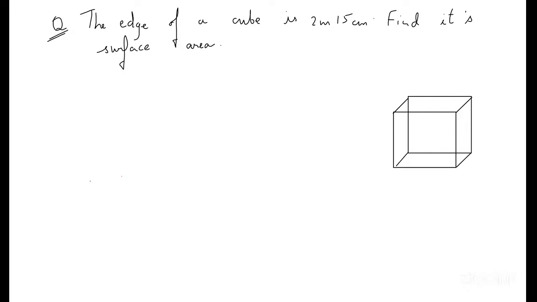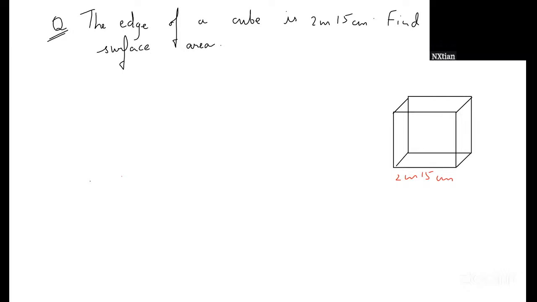Find its surface area. Okay, so edge is same as the side. Edge means that it is the measurement of the side. But now we have the measurement in two units, meter and centimeter.